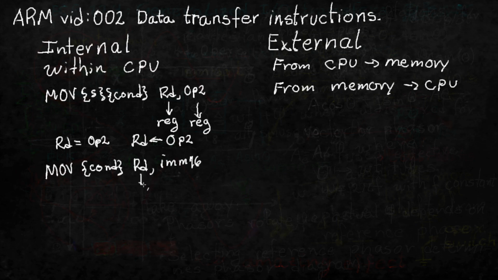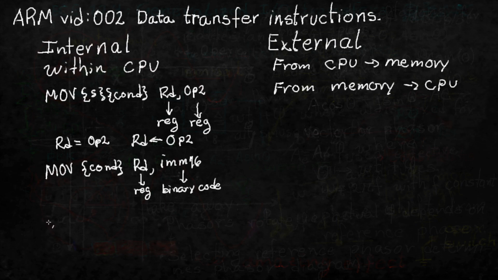This is particularly visible if we are using a pipeline to decode the instruction. Here we need to choose a register, and here we can choose any binary code, 16 bits in length. Now, this is a limitation, because if we can only move 16 bits onto the register, which is 32 bits, then we cannot move anything to the upper part of the register. The 16 most significant bits cannot be set with this instruction.